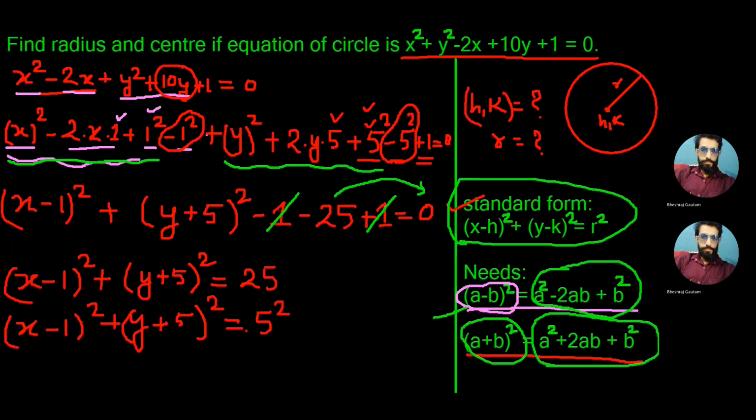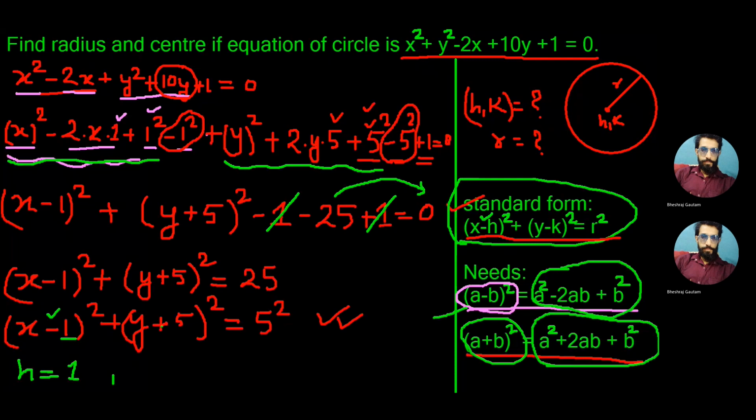Now compare this obtained equation with x minus h whole square plus y minus k whole square is equal to r square. And here we get h is equal to, let's focus on sign too, this minus and minus from formula. Minus and minus will be equal to plus, and in place of h there is 1. So plus 1 is the value of h.